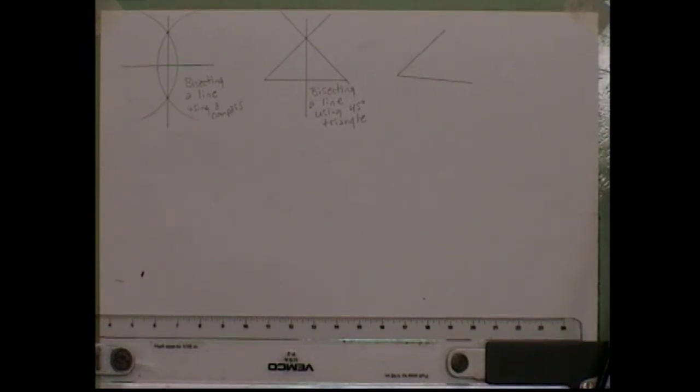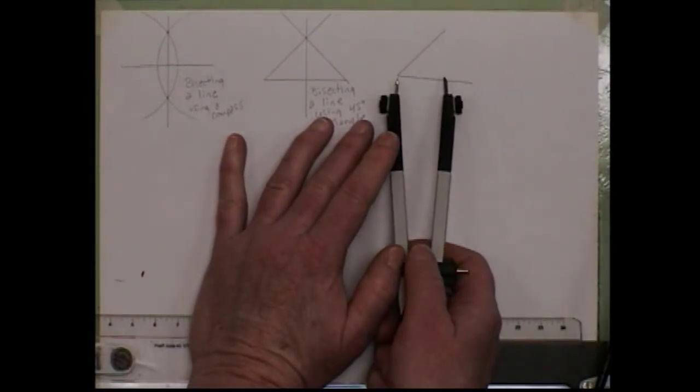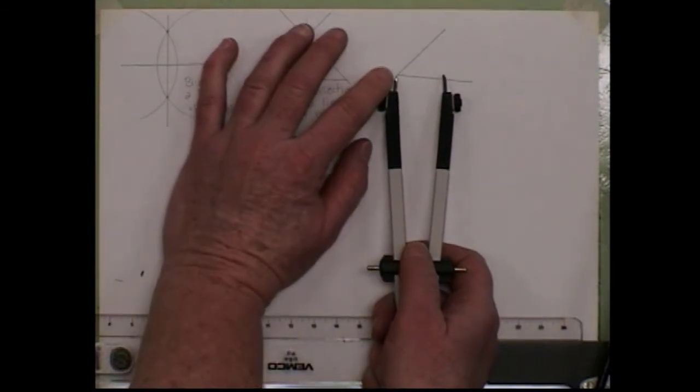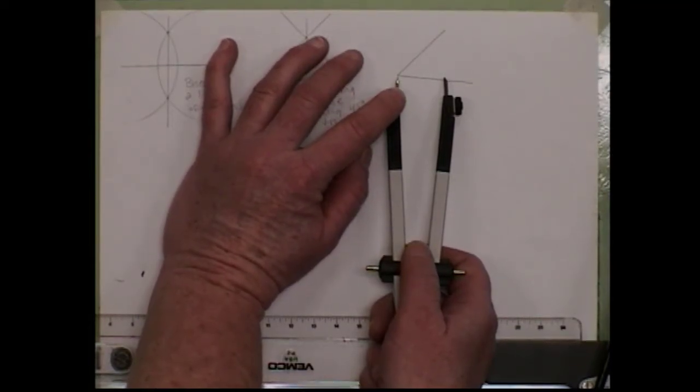After I make my angle, I'm going to put my compass up here, and I'm going to put the needle at the vertex. Remember what the vertex is, where it comes to a point? So I'm putting my needle at the vertex. I'm going to roll it out a little past halfway on the line, or one of the lines of my angle.